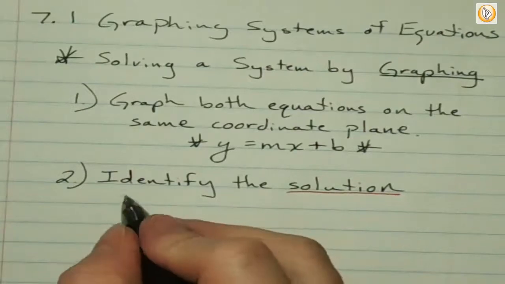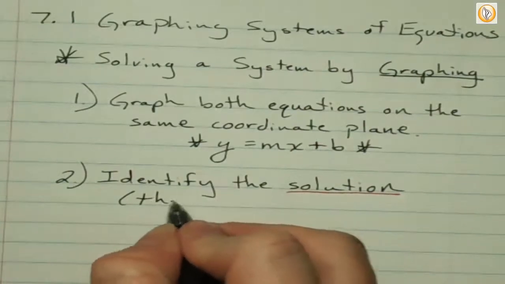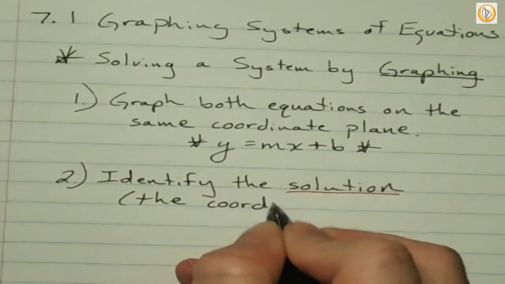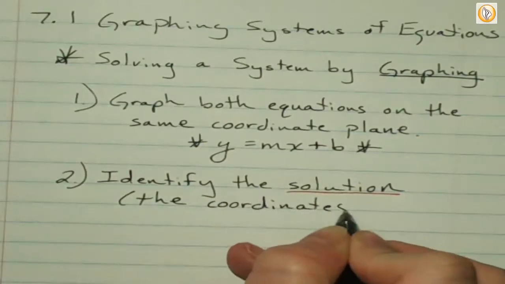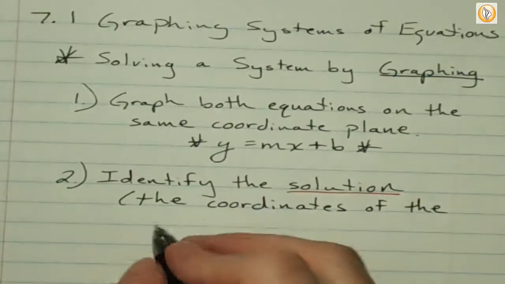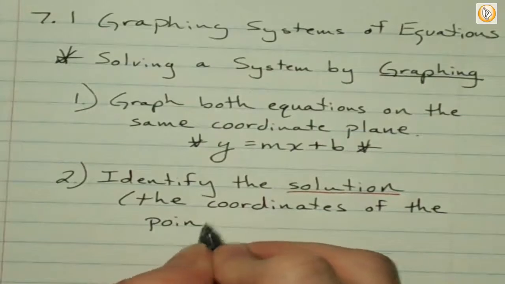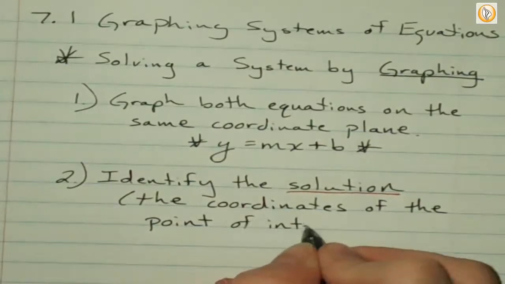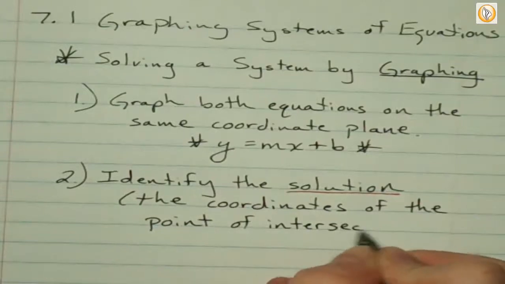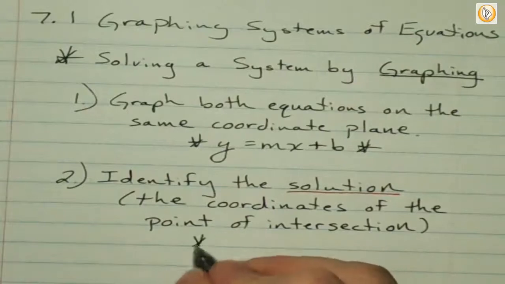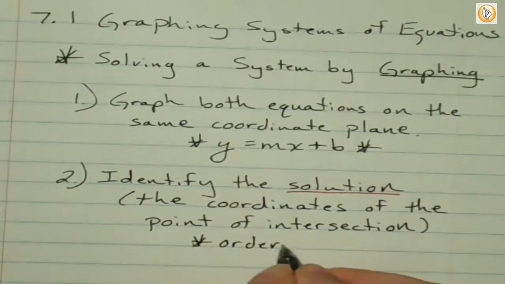What it is, is the coordinates of the point of intersection, the ordered pair.